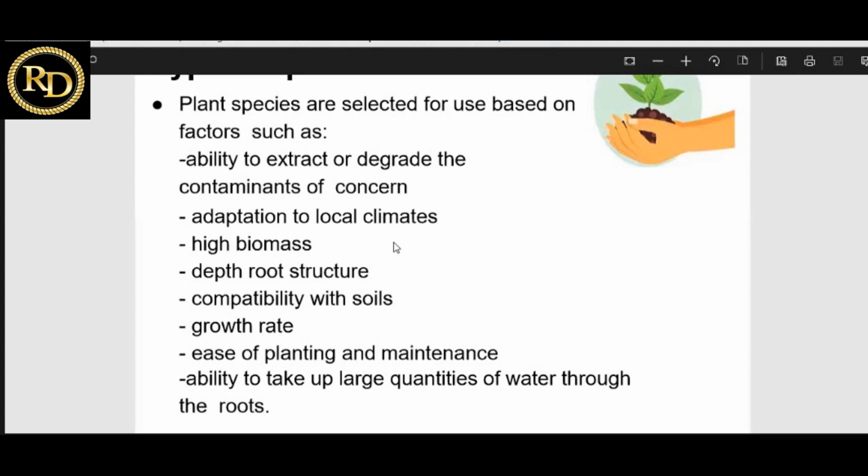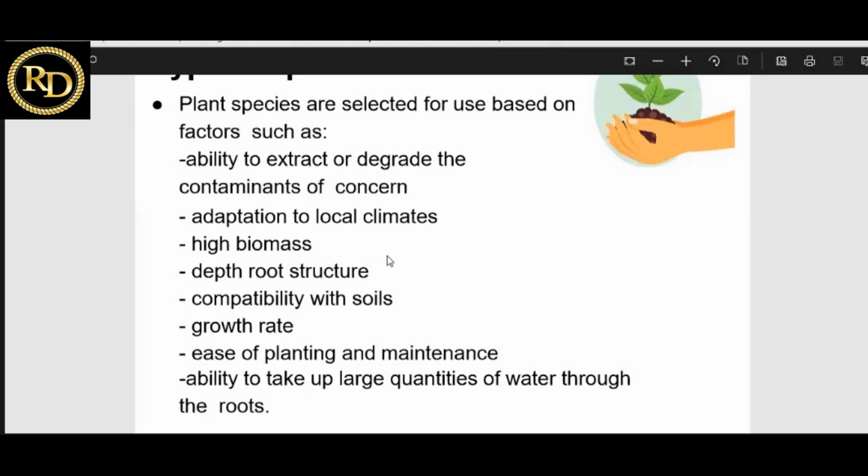This water hyacinth is very suitable for the absorption of a very high amount of organic contaminants, especially in the water. And you will see within 10 or 12 days, this water hyacinth can almost double its biomass. Because of this high capacity of increasing biomass, we can utilize water hyacinth as a very good remediator of the organic pollutants already available in the aquatic system. So this is one of the examples, high biomass.